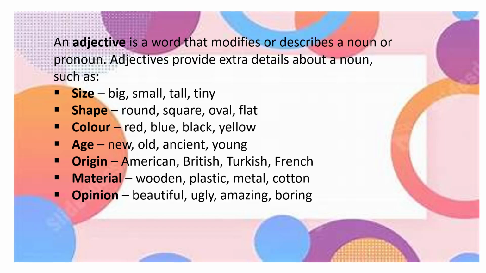The next one is opinion. Opinion means that we give an opinion or tell something about a noun or pronoun. For example, the girl sitting over there is beautiful, or she is wearing a beautiful dress.